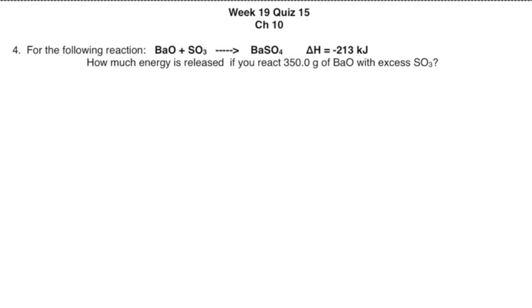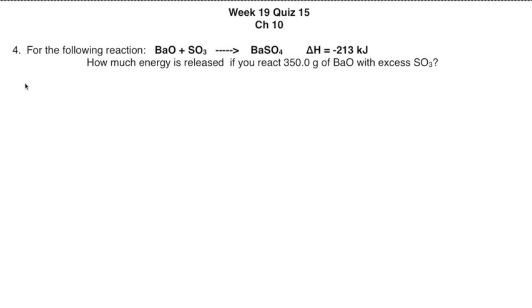So what this reaction is saying to us is that we have 1 mole of barium oxide, and when that 1 mole reacts with SO3, the heat of that reaction is negative 213 kilojoules. That's just for 1 mole of this stuff. We have 350 grams of it. So what we need to do is figure out how many moles of it we have. Then we can use our ratio to determine what the delta H is.